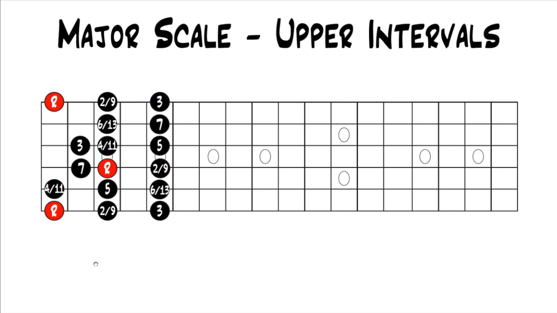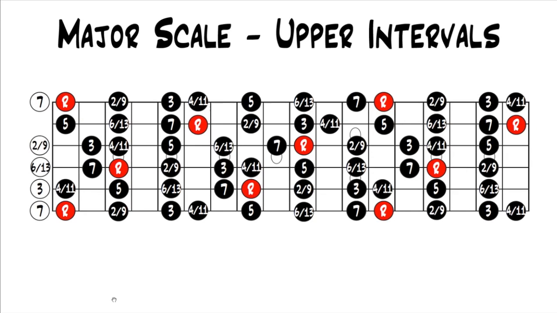And for now, that's all you really need to focus on, that 2 is the same as 9, 4 is the same as 11, and 6 is the same as 13. Another way to think about it is that a 9 is an octave higher than a 2, an 11 is an octave higher than a 4, and a 13 is an octave higher than a 6. Just like this root would be an 8 because it's an octave higher than this root.